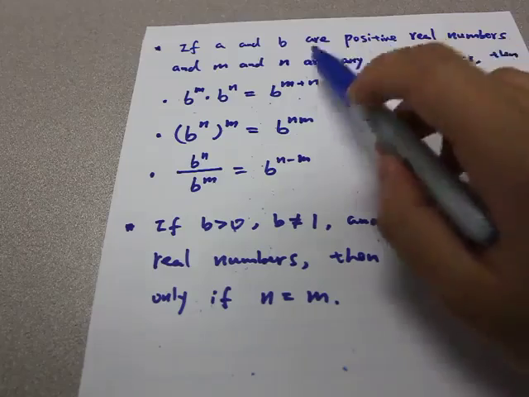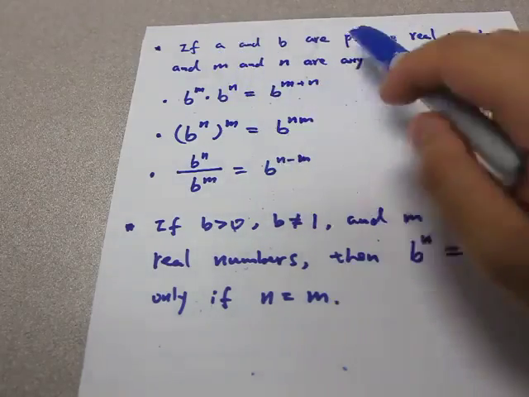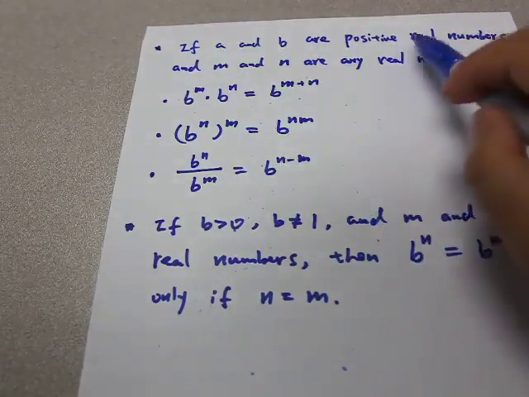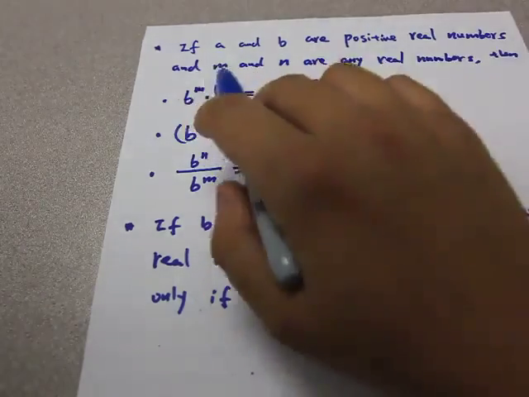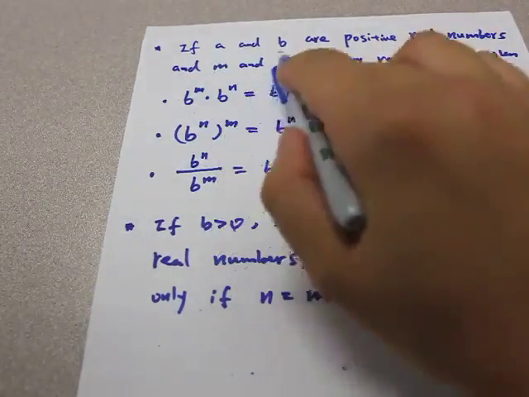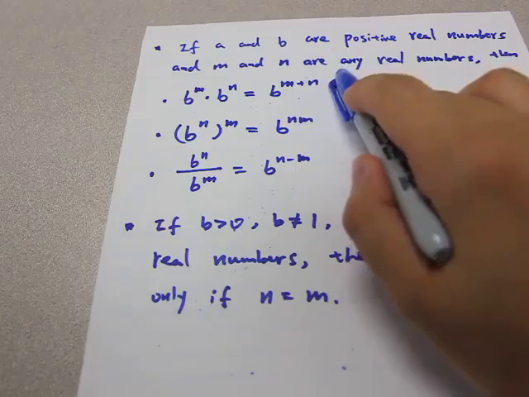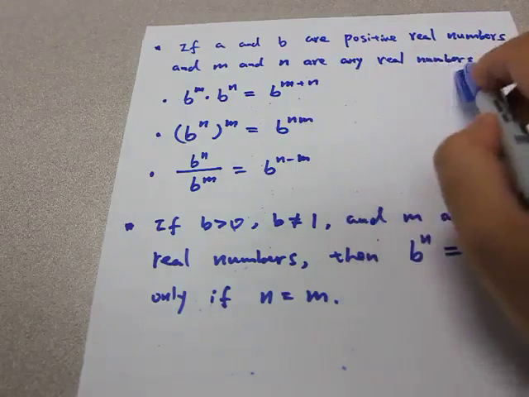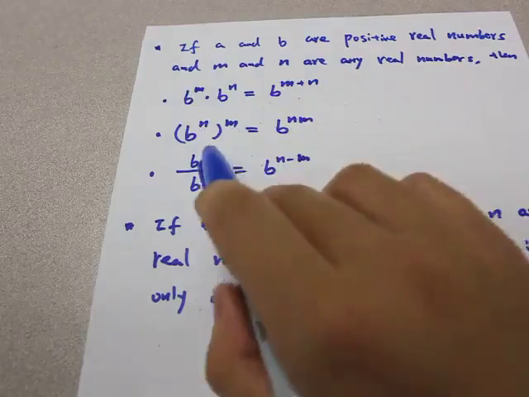So this property says if we have two positive real numbers a and b, and m and n can be any real numbers, and they are the exponents here.